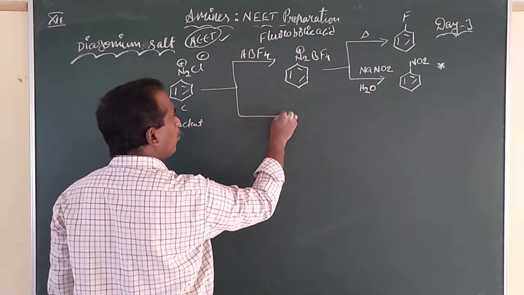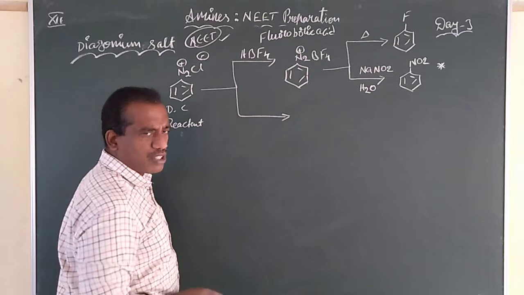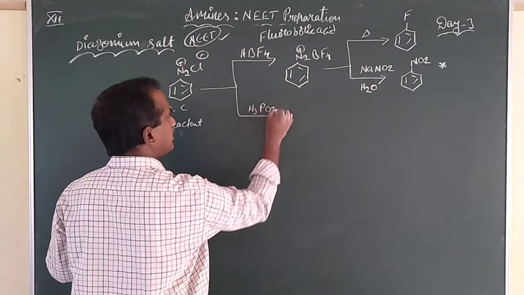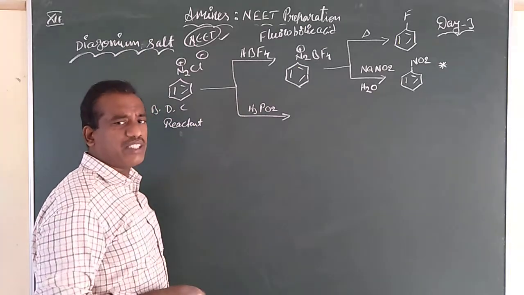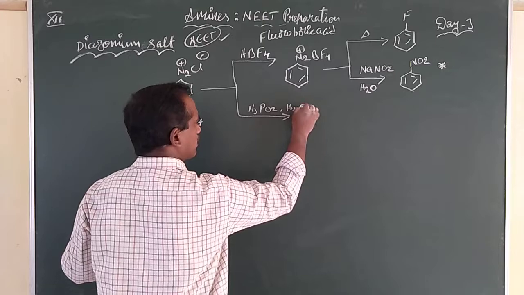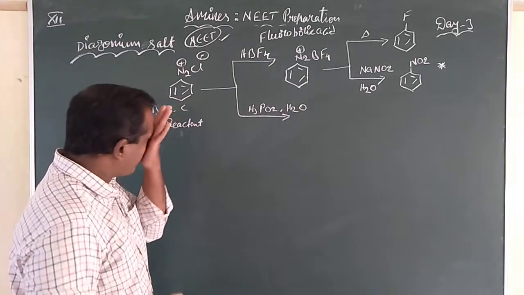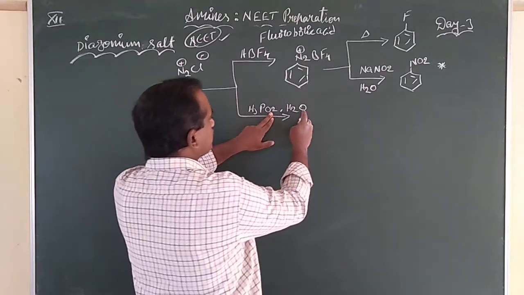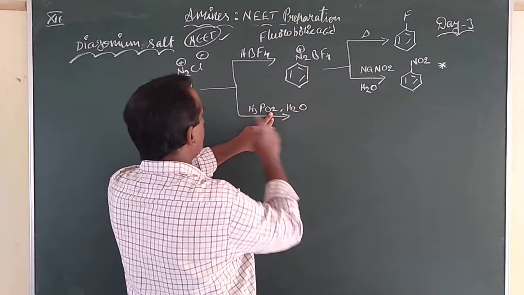But if you do a reaction of this benzene diazonium chloride with hypophosphorous acid, H3PO2, very important for JEE Mains, H3PO2 followed by hydrolysis, this will be oxidized, meaning it will be converted to H3PO3.